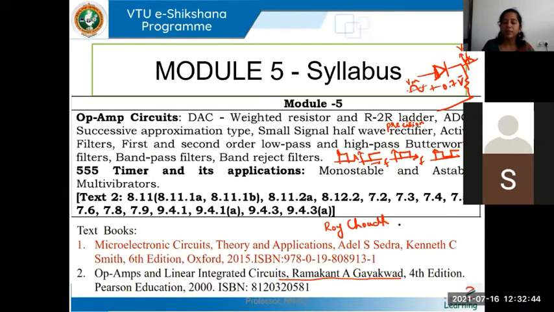You can refer to this book also. Compared to Gaikwad, for 555 timers especially, Roy Chowdhury is a better book. Okay, so the same title, Op-Amps and its Applications by Roy Chowdhury, is also a good book. If you have access to it or in the library, you can take it.